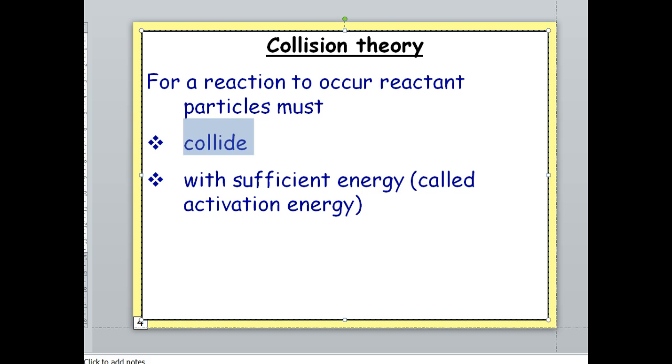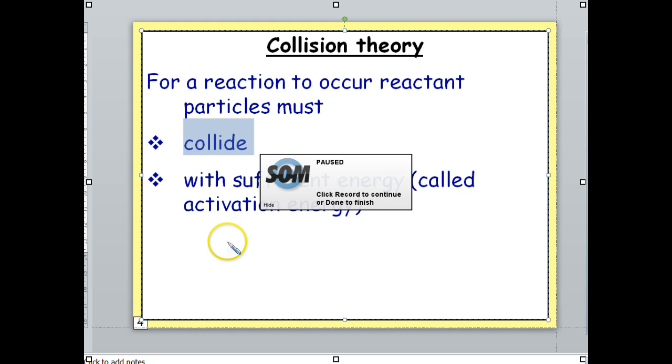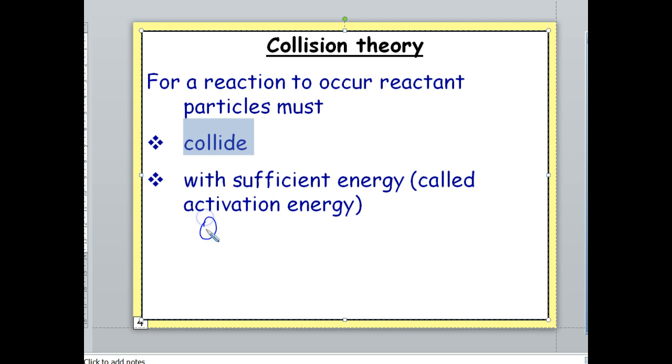So if we've got two particles, which we'll just call A and B, particle A here, which we'll colour in blue, and particle B here, which we'll colour in green. If these two particles are moving around, as all particles do, if one particle is moving in this direction and one particle is moving in that direction, clearly these particles will never collide with each other and therefore a reaction can't occur.